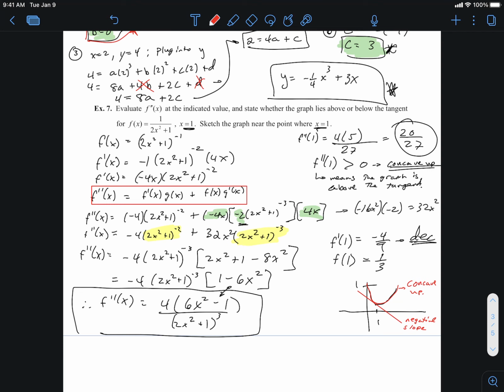If something was concave down, so the second derivative was less than 0, we now know that means that the acceleration is negative and the object is slowing down. If something is concave up, it would mean that it's accelerating and it's picking up speed. So that's your relationship between the second derivative and acceleration, the work that you did from Friday.